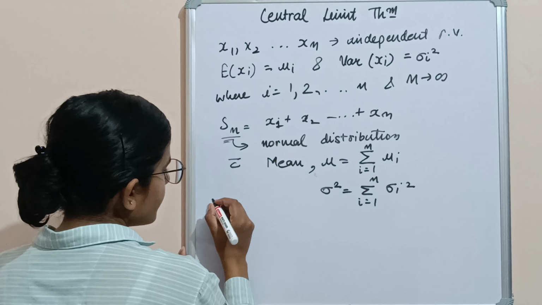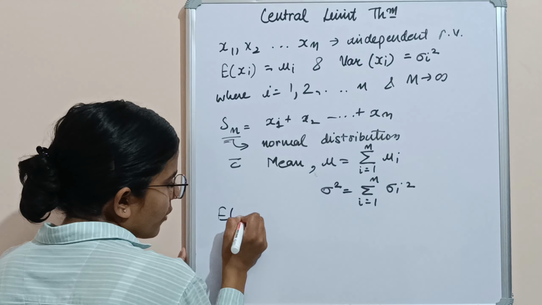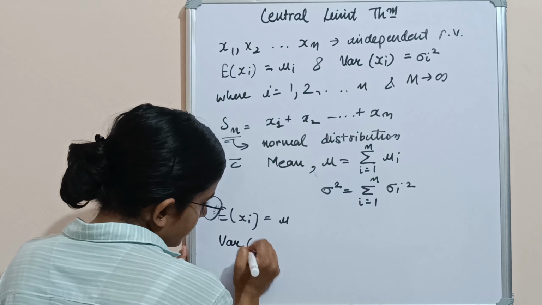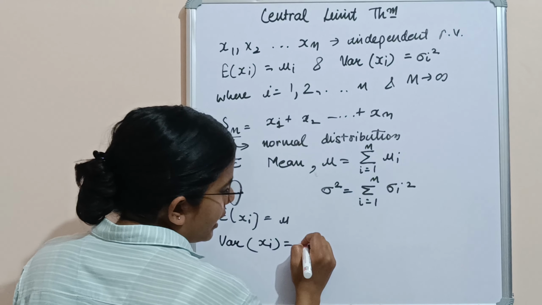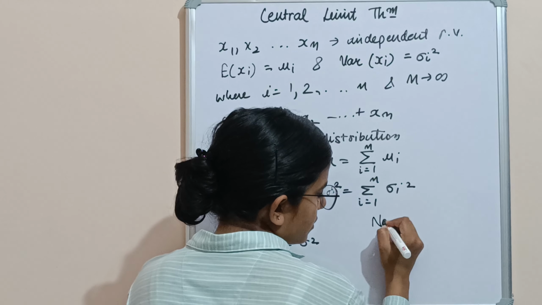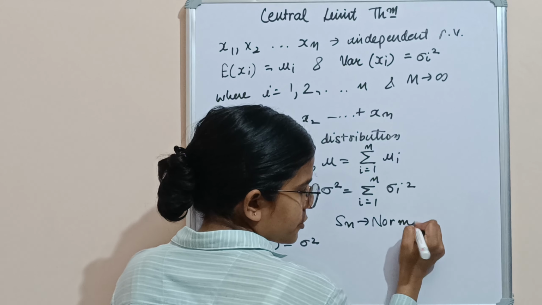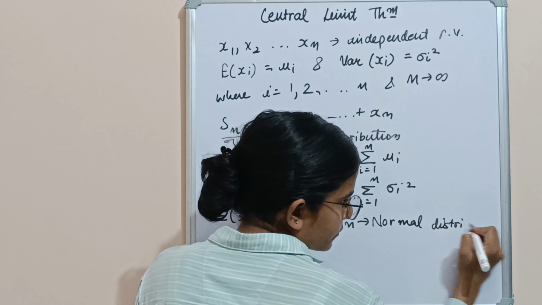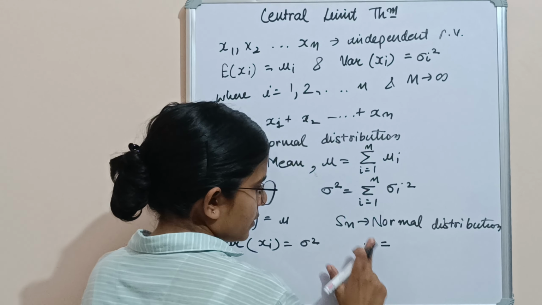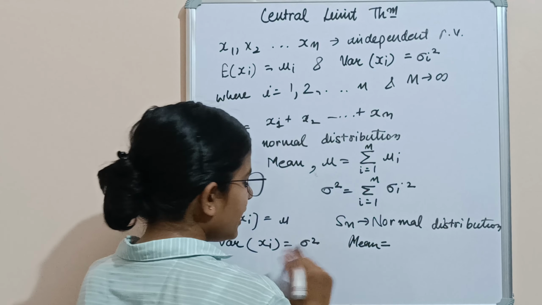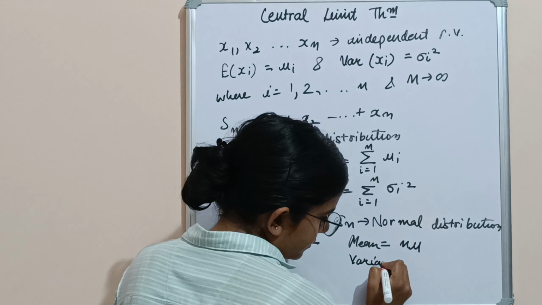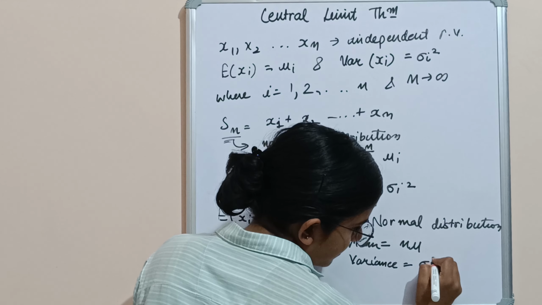And if, let's say, expectation of every random variable is mu and variance for every random variable equals sigma square, then Sn will follow a normal distribution with mean n times mu and variance n sigma square by n.